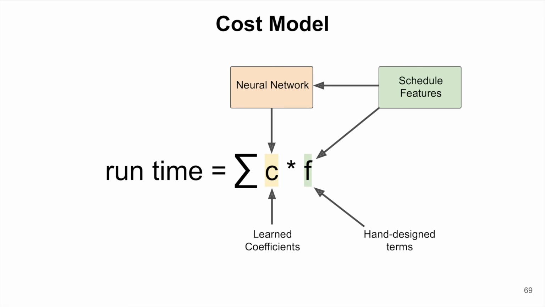We pass these features into a small neural network. It gives as output a set of learned coefficients, which are weights on hand-designed cost terms, each of which is computed by combining the features in various ways to capture things like compute cost, cost associated with idle threads and low occupancy, load cost, store cost, and so on. We sum all the weighted terms to arrive at a runtime prediction.